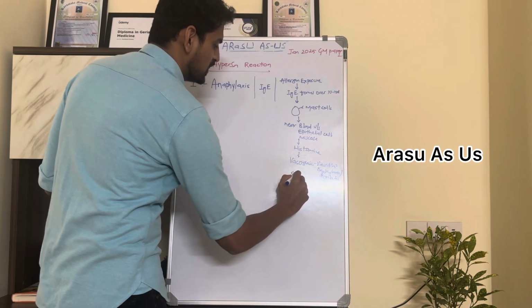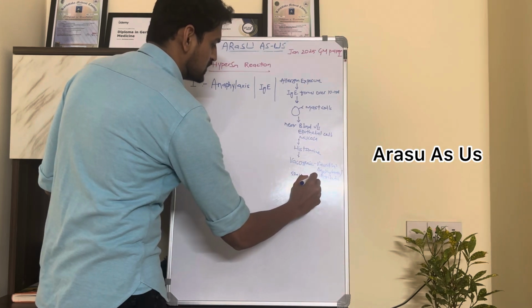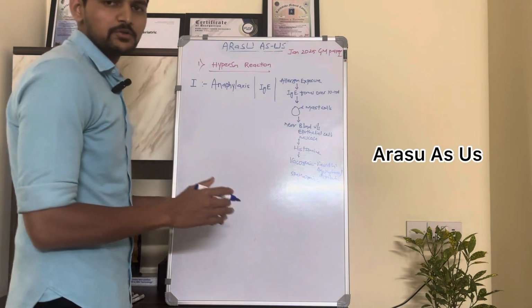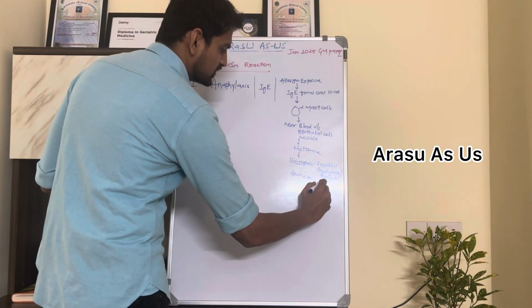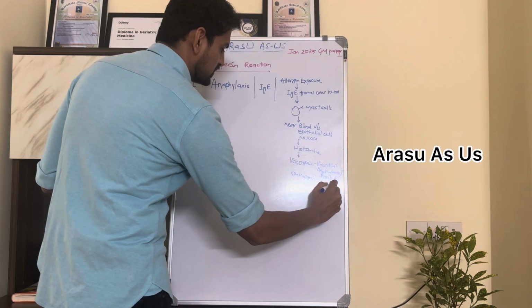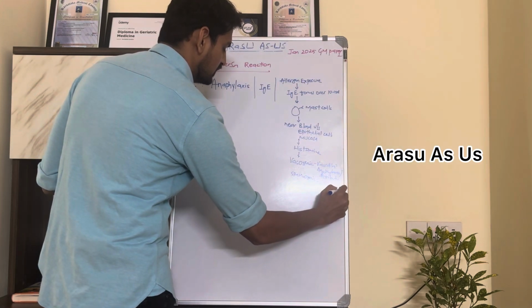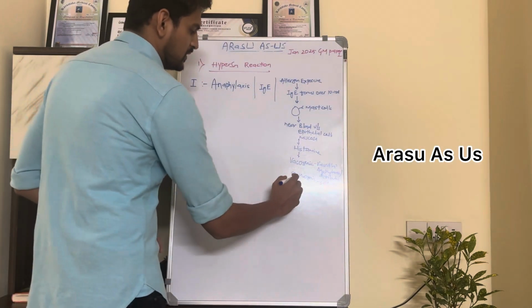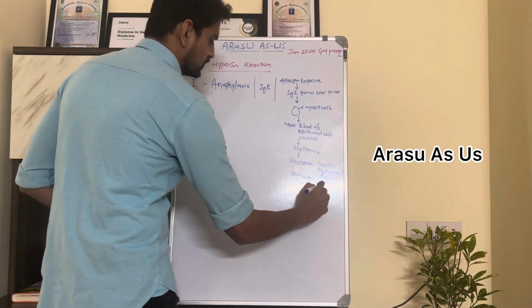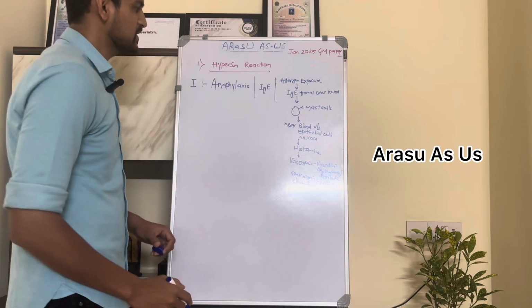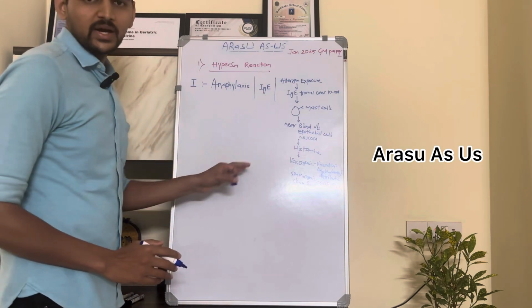Then there will be spasmogenic reaction. Here, majority of the smooth muscles will get contracted. That's why they might have sudden breathlessness, sudden dyspnea in many cases. And there will be skin rashes also. So these will be the manifestations. So this is the overall mechanism of type 1 hypersensitivity reaction.